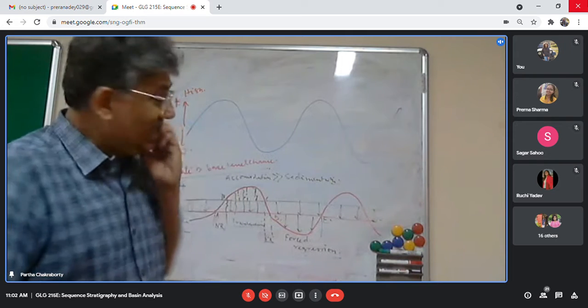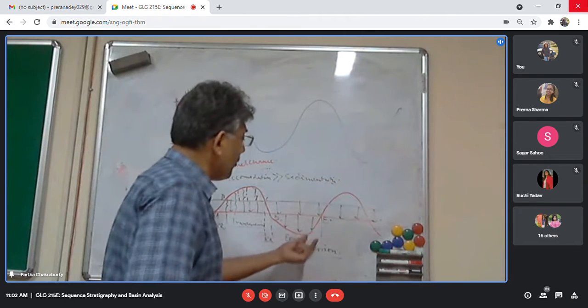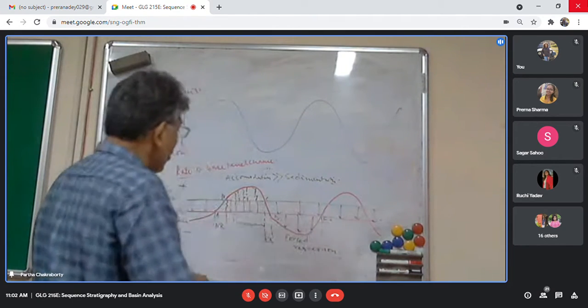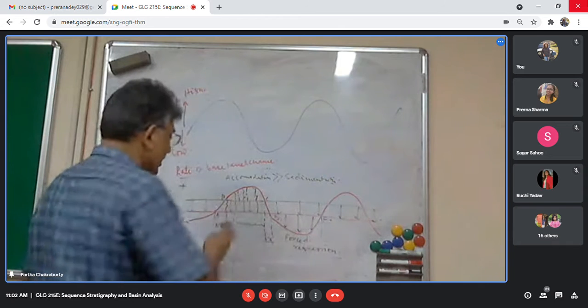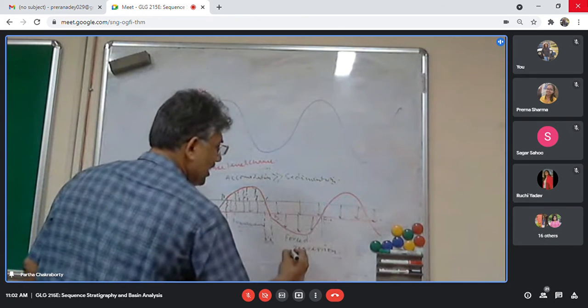So what we are getting is a normal regression and a forced regression. Then from this part, it will be again similar to this: normal regression, translation, normal regression, forced regression.